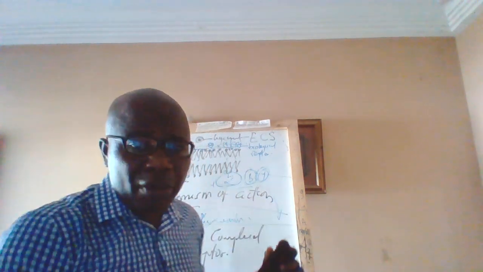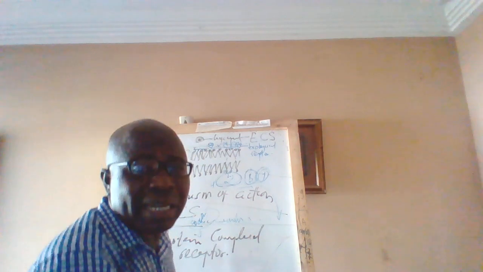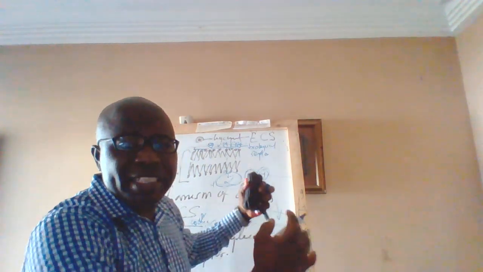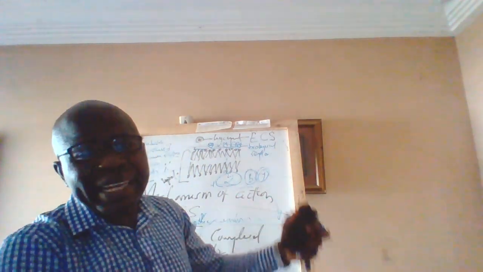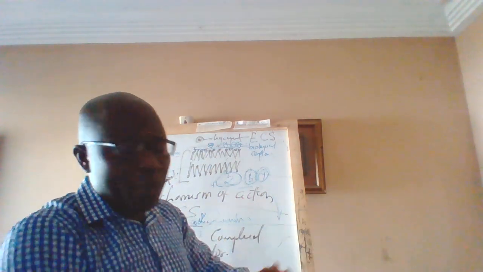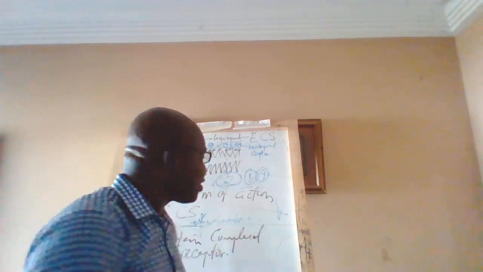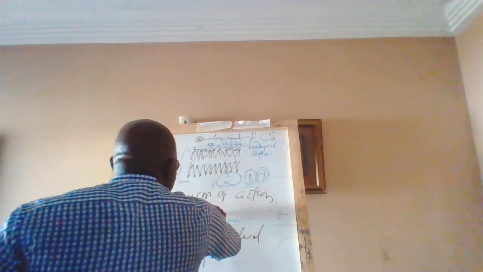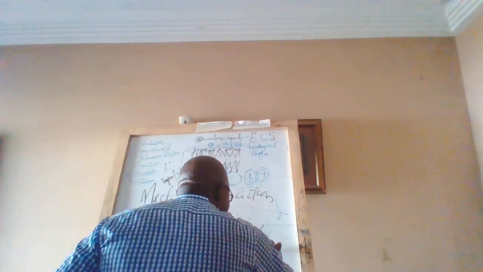One of the major functions, in our normal physiological and biological understanding, is that adenylyl cyclase catalyzes the conversion of ATP to cyclic AMP, with the formation of a pyrophosphate at the same time. So this inhibition will downregulate cyclic AMP, cyclic adenosine monophosphate.